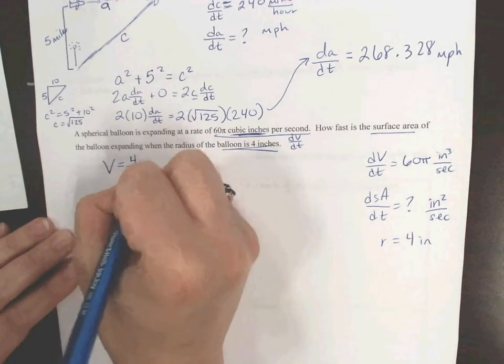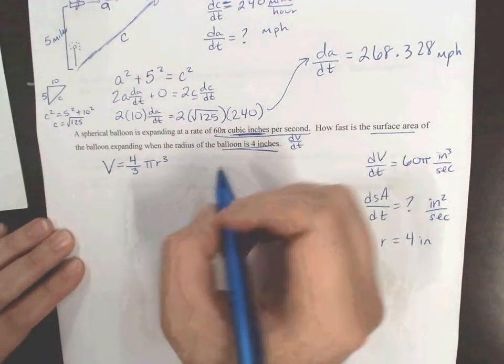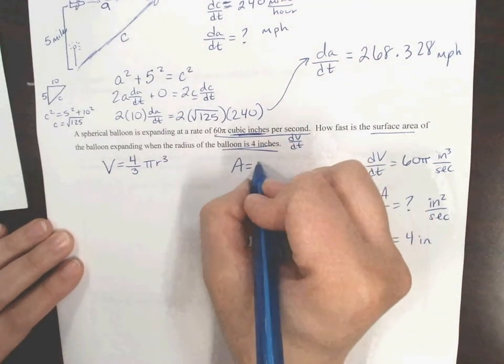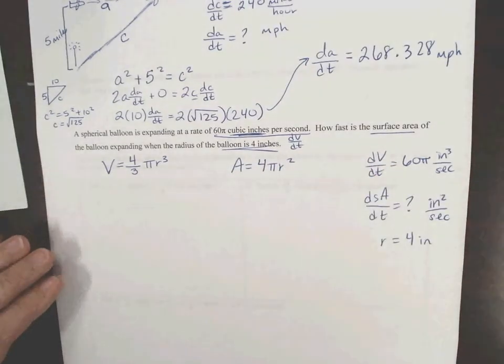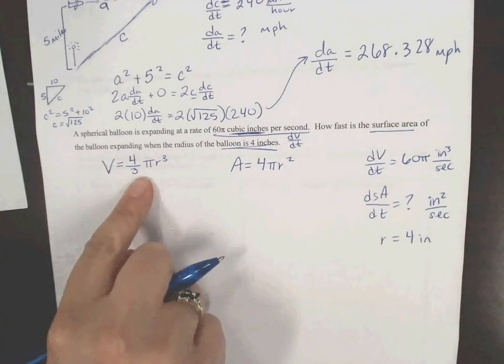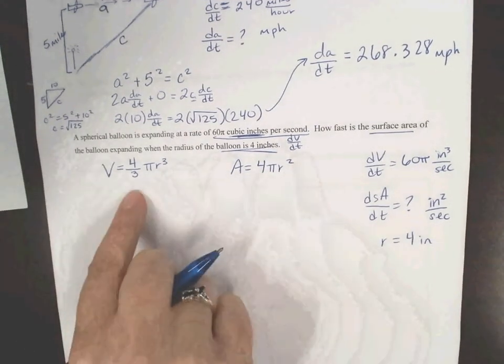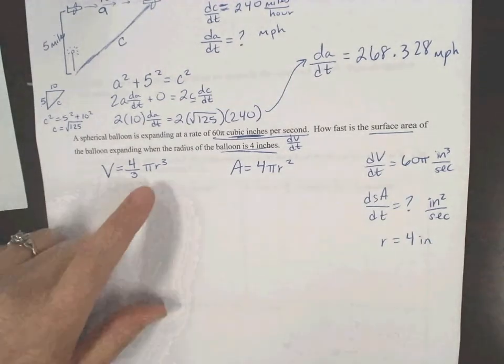Volume is equal to, and this is just the given formula, 4/3 pi r cubed. Surface area, which I'm just going to call big A, is equal to 4 pi r squared. These are both from the first page of notes, so we would be given those, surface area of a sphere and volume of a sphere.